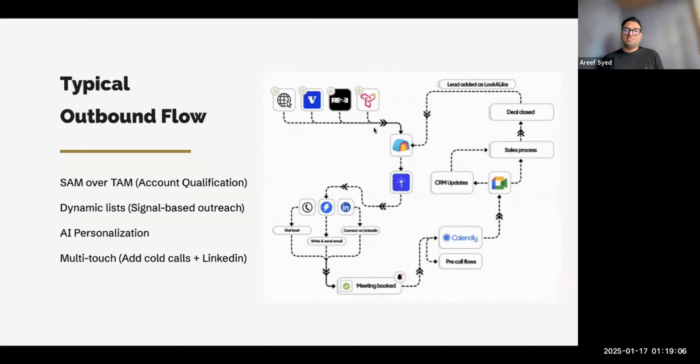Then you have that lead flowing into an enrichment service where you will find the emails or phone numbers, and then that lead is fed to an email sending solution or a calling solution like Orem, or your LinkedIn Sales Navigator campaigns for that matter, right? So you have three different platforms on which you can reach out to people, and then when the meeting is booked, you have Calendly, pre-flows, and this is a generic campaign structure of how the flow would be.